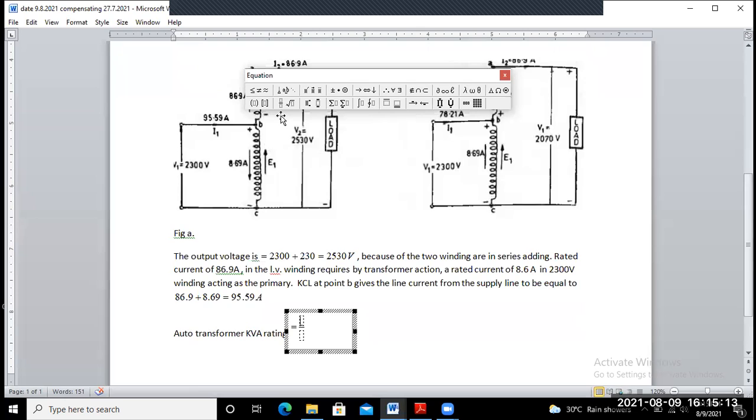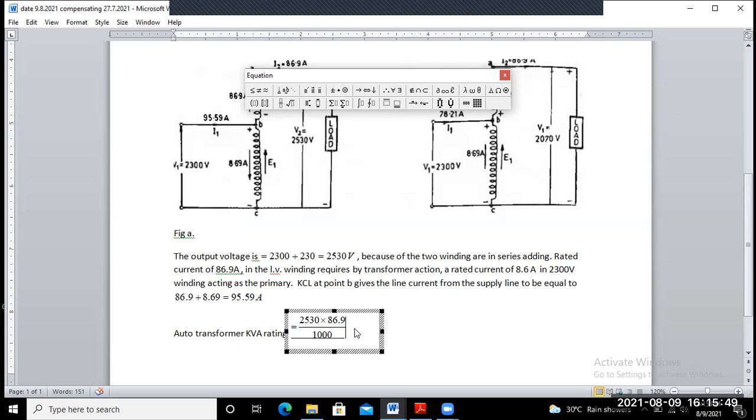So if you consider the output side voltage and current, you just multiply the output voltage and current divided by 1000, to convert into kilo. So 2530 into the current flowing, how much? 86.9, divided by 1000.